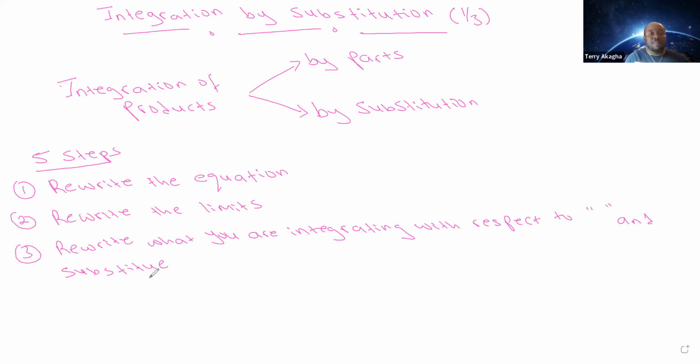Then number 4, which is a straightforward one, the next thing you do is simplify. You simplify, you try to integrate, you try to reduce the fractions, anything you want to do, you do it at that step.